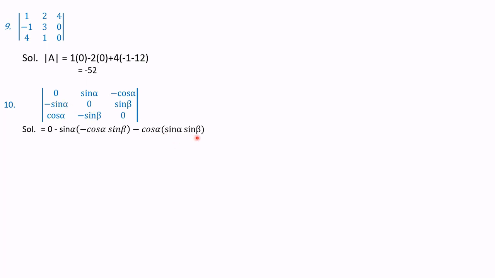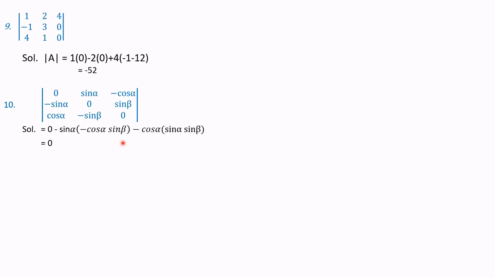And this second term is minus into minus is plus sin alpha cos alpha sin beta. Similarly, here minus sin alpha sin beta cos alpha. So both are of opposite sign. This is plus and this is minus. So it becomes 0.